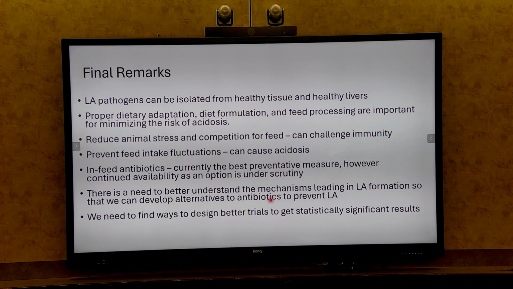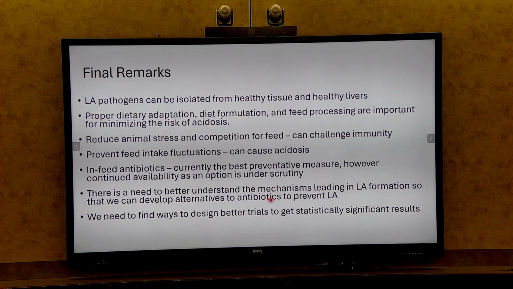Dietary adaptation and diet formulation, feed processing are all important to reduce risk of acidosis. High stress, high competition may contribute to reducing the immune function of these animals. Feed intake fluctuations can lead to acidosis, which would be a problem.